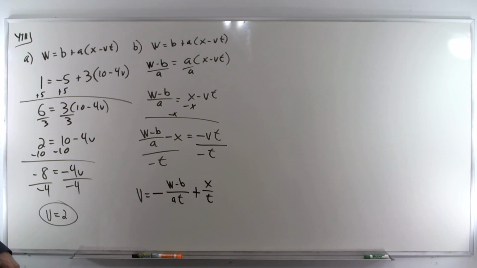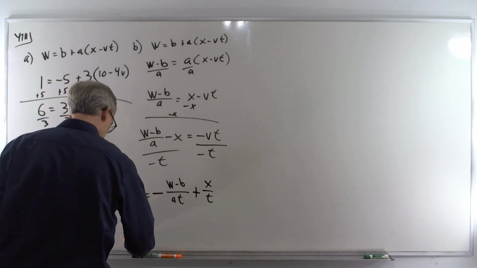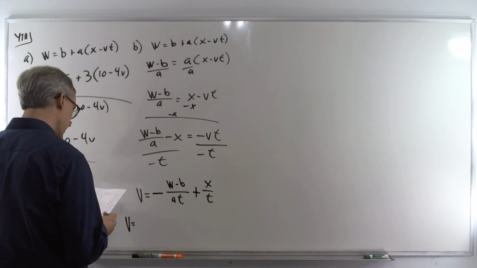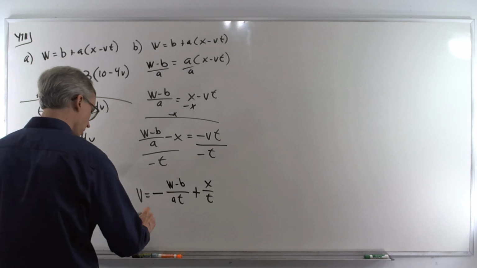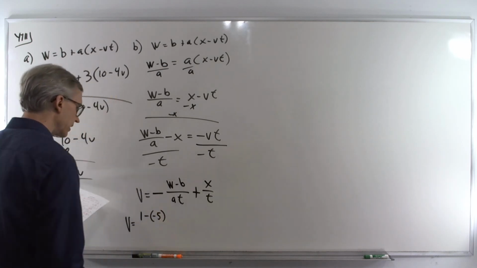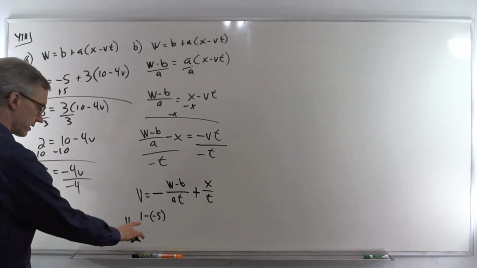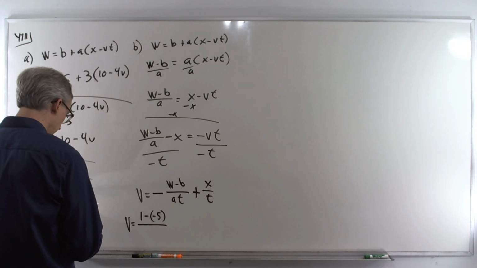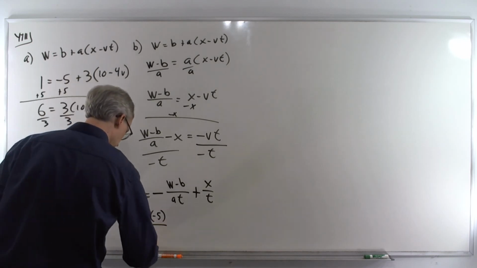And now we can go ahead and plug in. So w minus b, so w is 1, and b is negative 5, so we're subtracting negative 5. And on the bottom, a times t, that's 3 times 4.